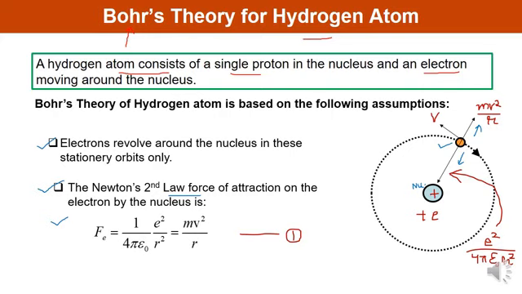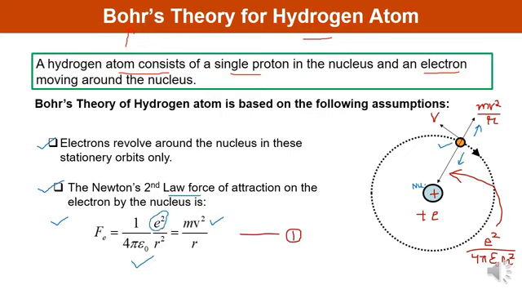F is equal to mv square upon r. This is because of the centrifugal force, and 1 upon 4 pi epsilon naught into e square upon r square. This is because of Coulomb's law. You know that Coulomb force can be written as k q1 q2 upon r square. Here q1 and q2 both are equal to e, so q1 q2 is equal to e square.